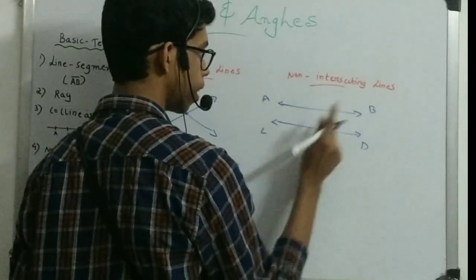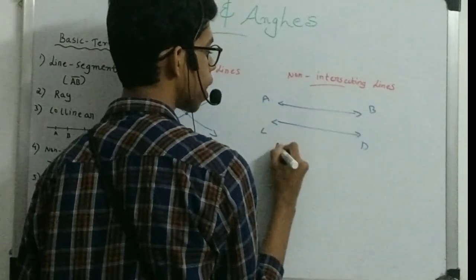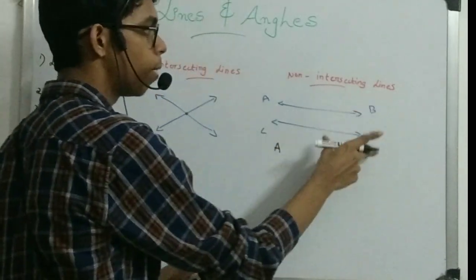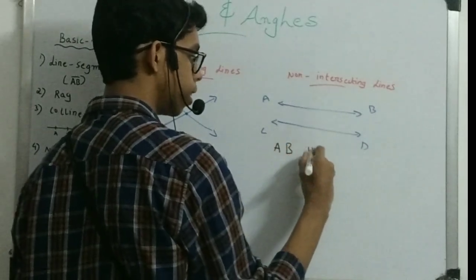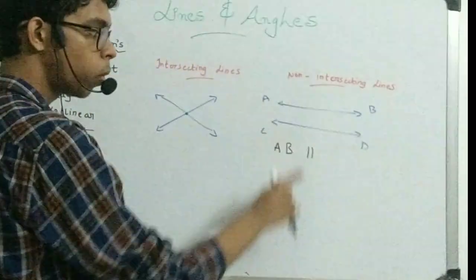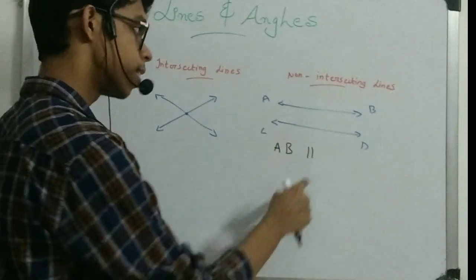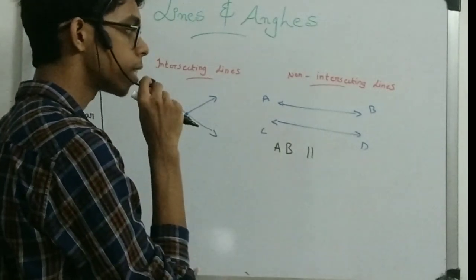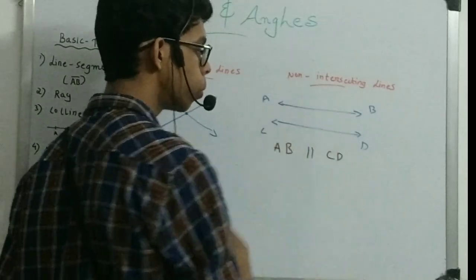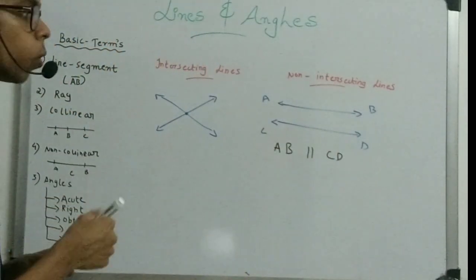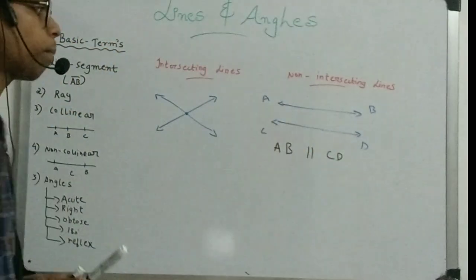Also, we can say these two lines are parallel lines. AB and CD are parallel. So I will write the symbol: we put two standing lines like this. This is the symbol we use to represent parallel. So we can say that AB is parallel to CD. So here these are parallel lines.